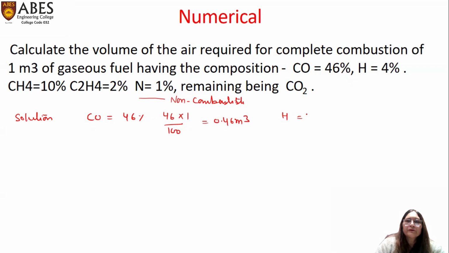Hydrogen 4%, 4 into 1 meter cube divided by 100, 0.04 meter cube.